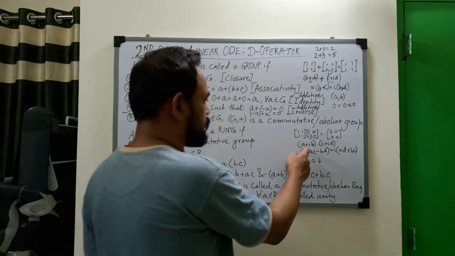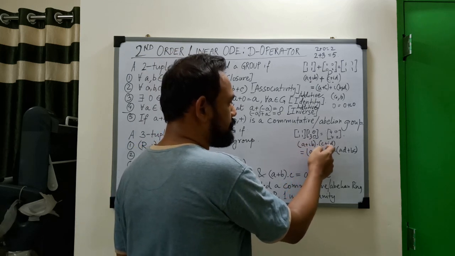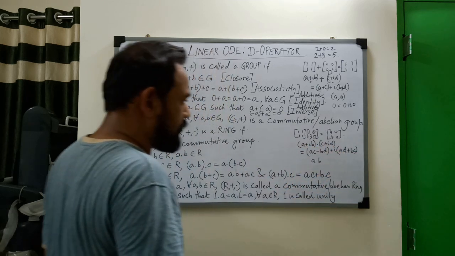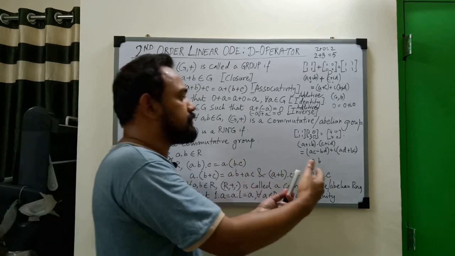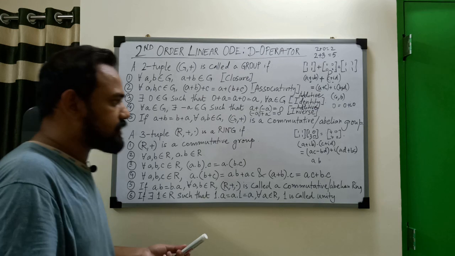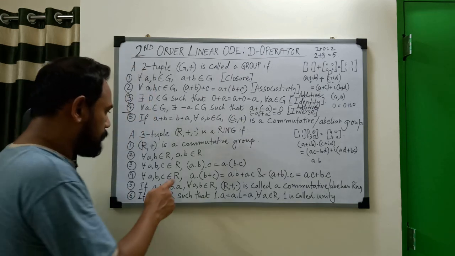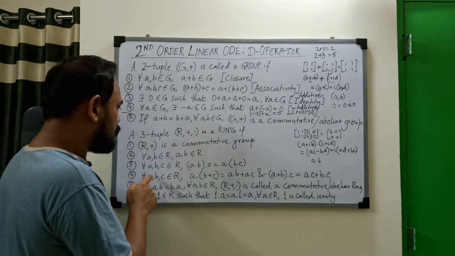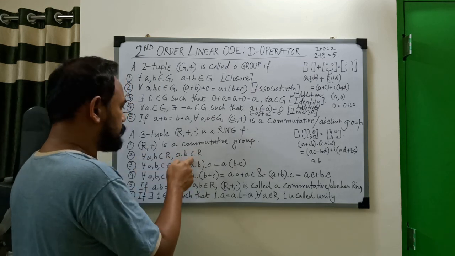But 2 plus 3i and 5 plus 7i will not follow the same thing. So multiplication can be very different according to the structure, according to the set on which you're working. So to be a ring, it should follow these two properties.